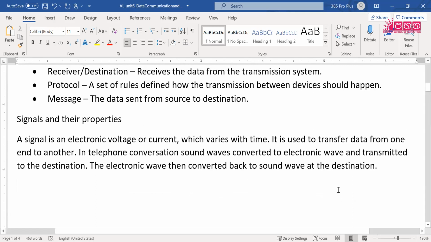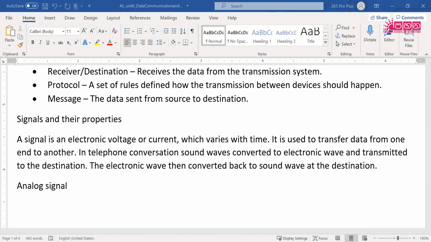So we need to know what these signals are. There are different types of signals we use. Let's start with analog signals. When you say analog signal, it is a continuous waveform.